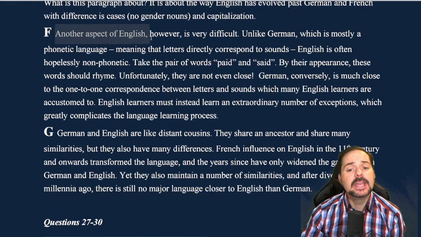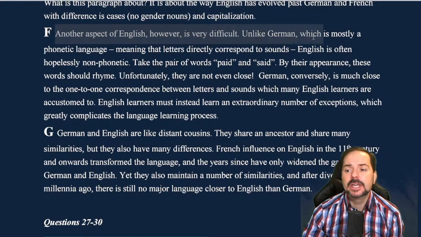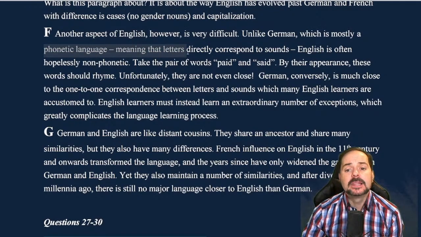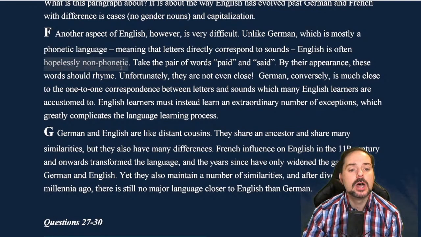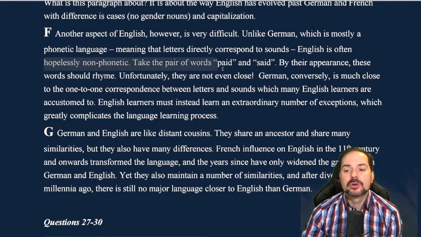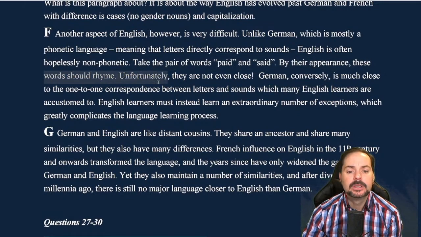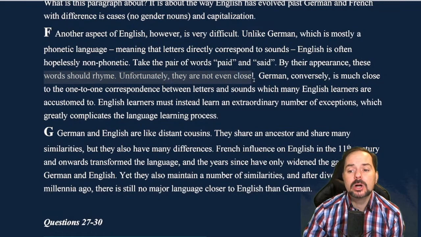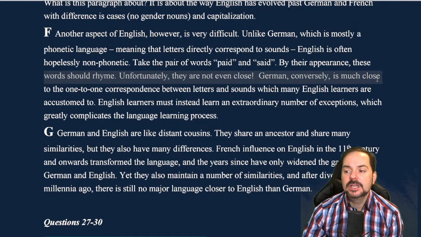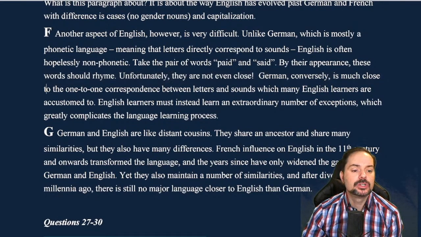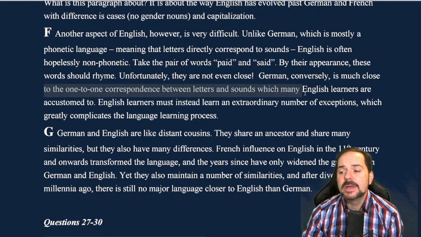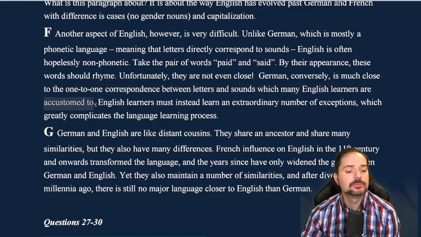Another aspect of English, however, is very difficult. Unlike German, which is mostly a phonetic language, meaning that letters directly correspond to sounds, English is often hopelessly non-phonetic. Take the pair of words paid and said. By their appearance, these words should rhyme. Unfortunately, they're not even close. German, conversely, is much closer to the one-to-one correspondence between letters and sounds which many English learners are accustomed to.